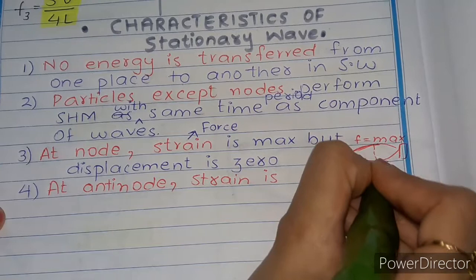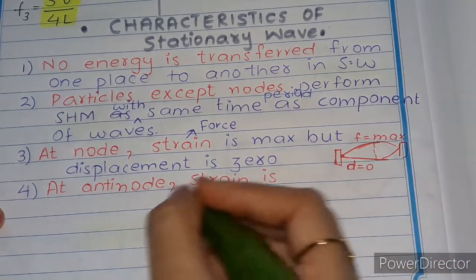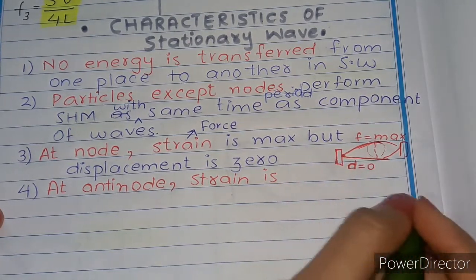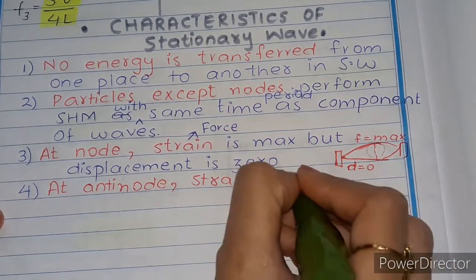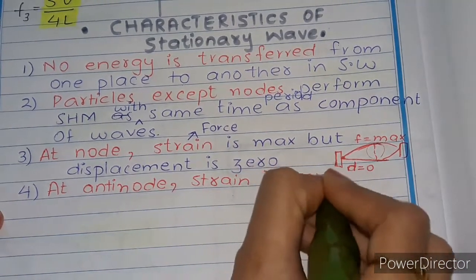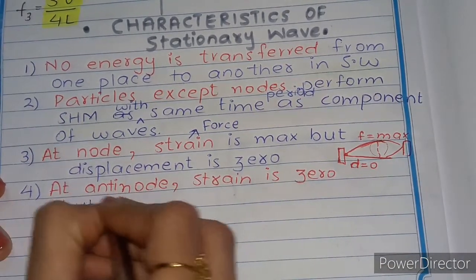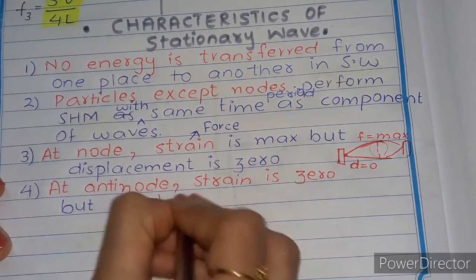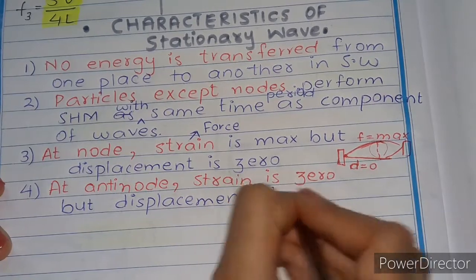The maximum point between nodes is called an antinode, where the displacement or amplitude is maximum. Strain is zero, but displacement is maximum.